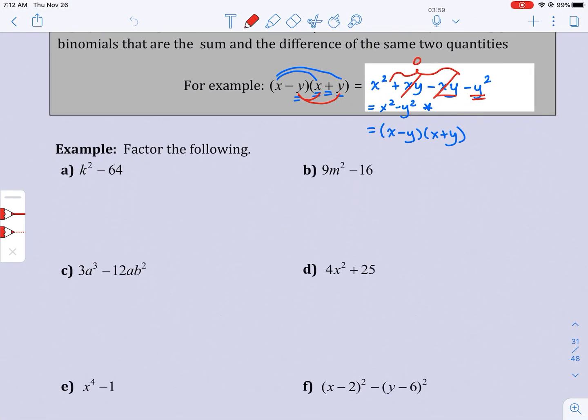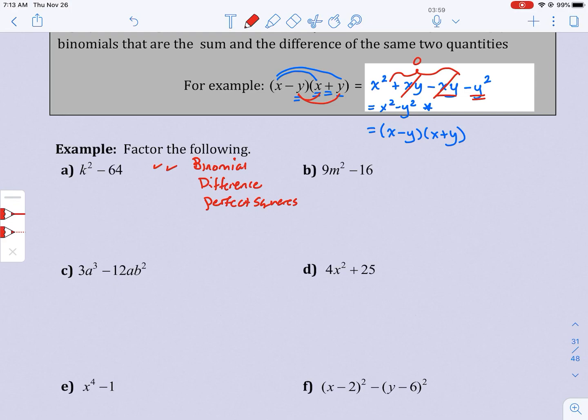So if we go back here, it says factor the following, k squared minus 64. I'm going to go through my checklist. Is it a binomial? Is it a subtraction sign or a difference, right? A difference just means subtract. And are they perfect squares? So let's go through our 3 questions. Is this a binomial? Yes, it is. Is it a difference?